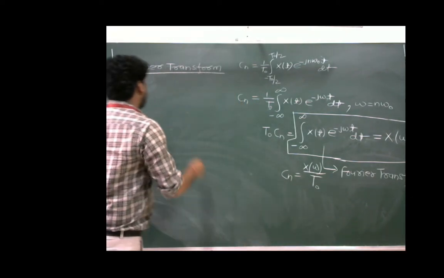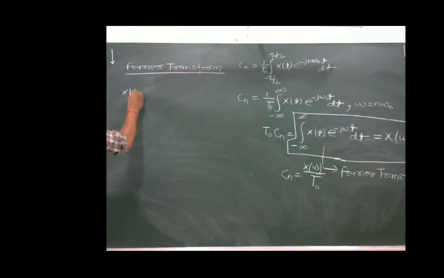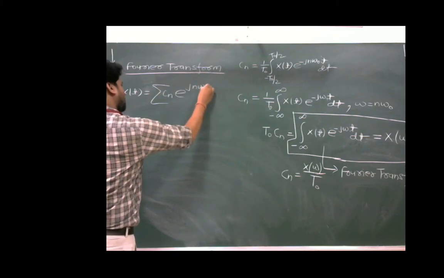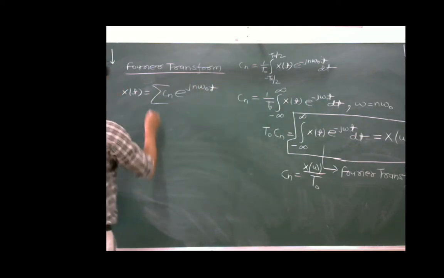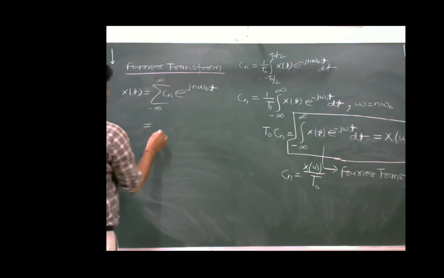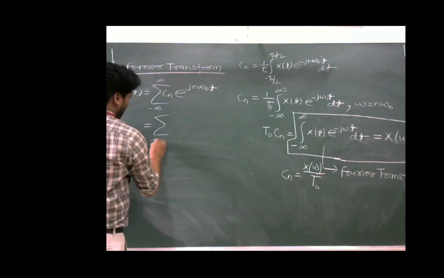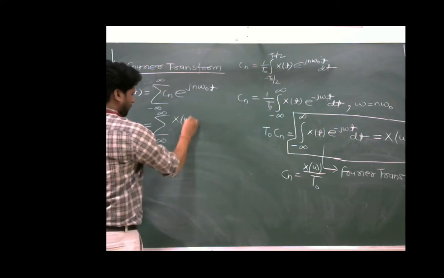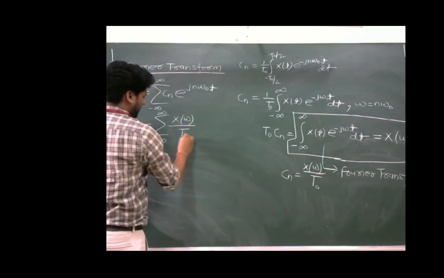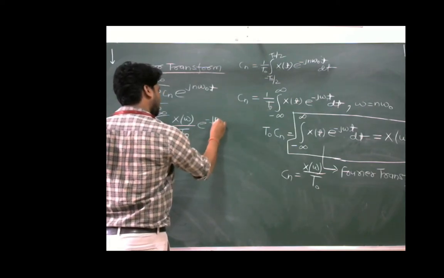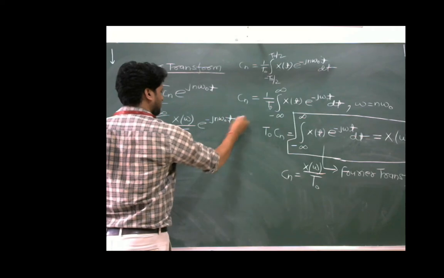Then this signal x(t) can be written in the form of exponential Fourier series as Cn e power j n omega naught t, where n is from minus infinity to plus infinity, and this will be equal to the summation from minus infinity to plus infinity, where the value of Cn is X of omega upon t naught into e power minus j n omega naught t.